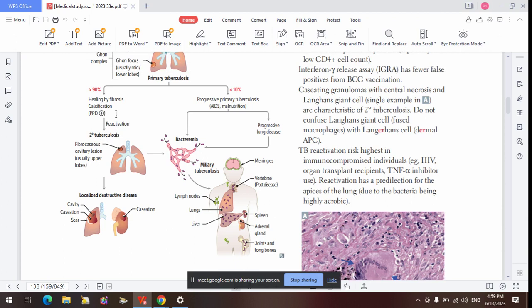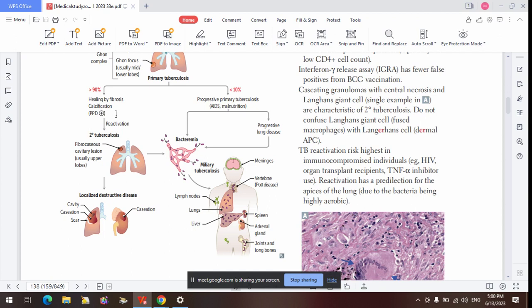What are the two fates of the first infection? It can progress to a primary progressive disease that eventually becomes bacteremic and can disseminate to other organs, or it can be confined. It can become latent and not cause any bacteremia.